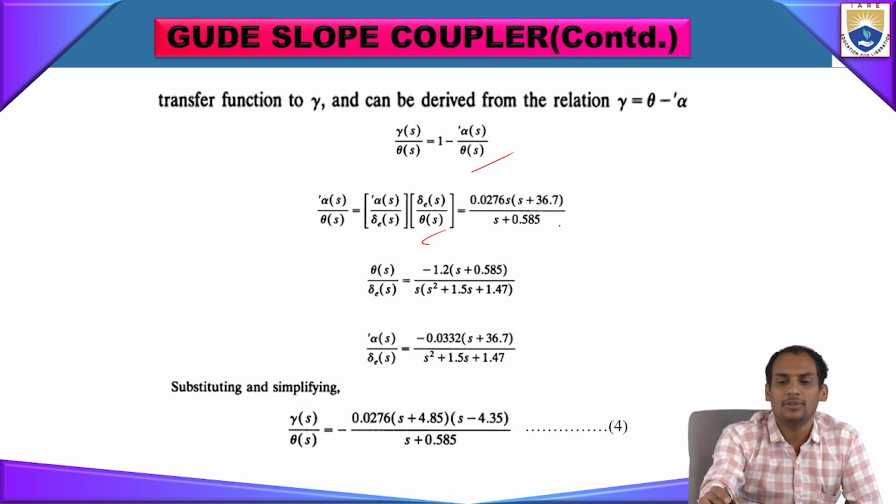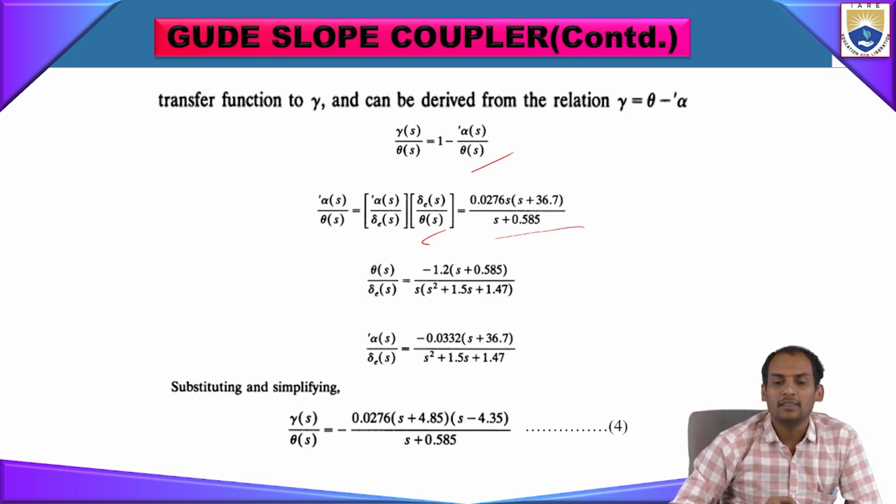So that will be equated to 0.0276 s into s plus 36.7 by s plus 0.585. So for this total equation, theta of s by delta e of s will be like minus 1.2 into s plus 585 by s into s square plus 1.5 s plus 1.47.